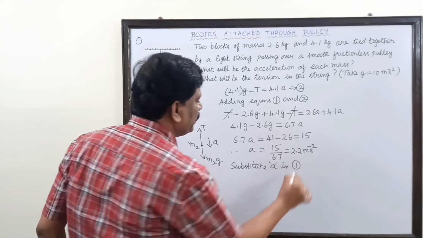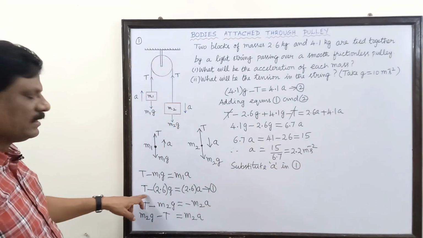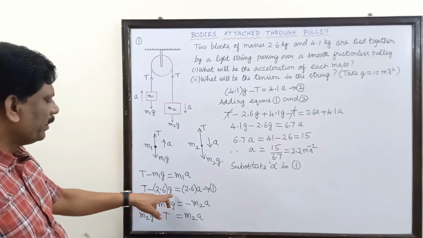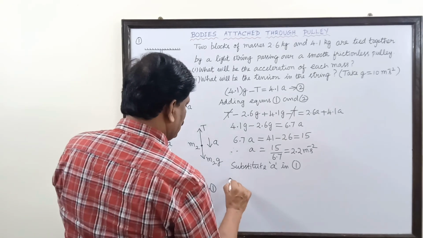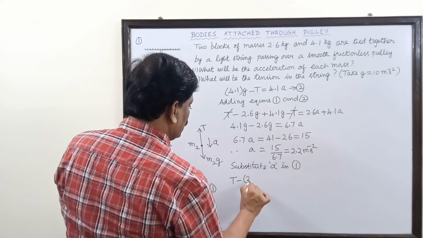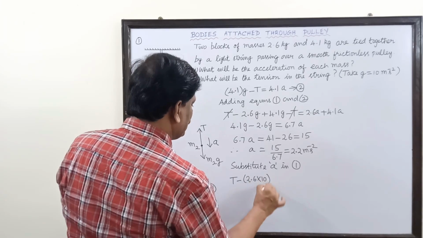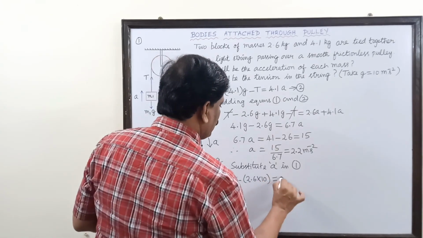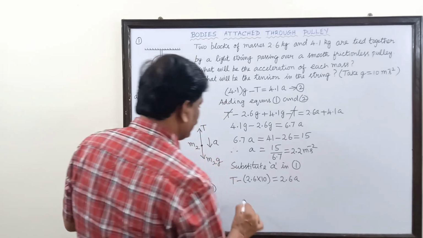So I am going to substitute a in equation 1. So T minus 2.6 into g, where g is 10, is equal to 2.6 into a.